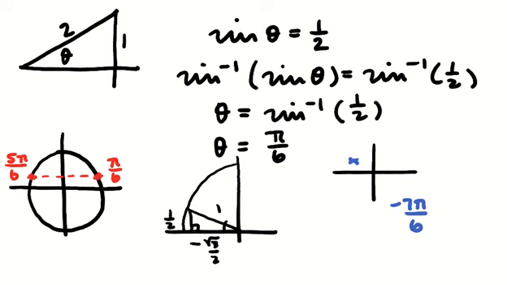That would be a solution, because that would leave you in the same place on the unit circle that you'd been otherwise. Or, what if we said we went all the way around the unit circle once, and then went another pi over 6? Well, that would be 12 pi over 6 plus another pi over 6 is 13 pi over 6.